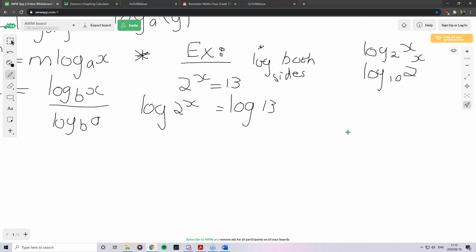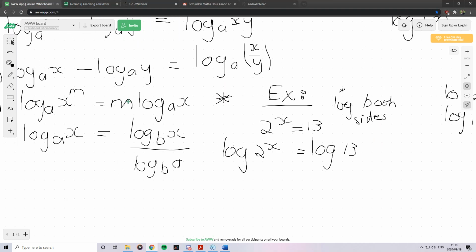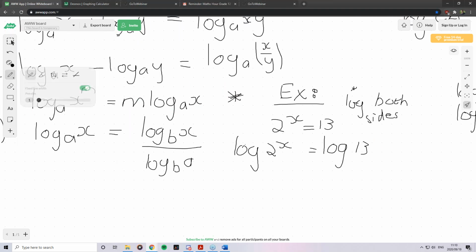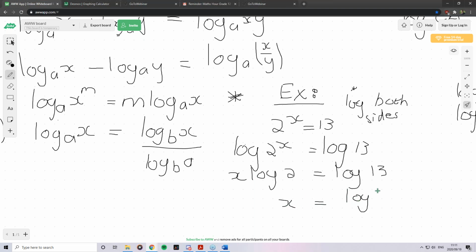Now from this law here, this log law that I said you're going to use probably the whole time, always, this becomes x log 2 is equal to log 13. Now x is just log 13 over log of 2.